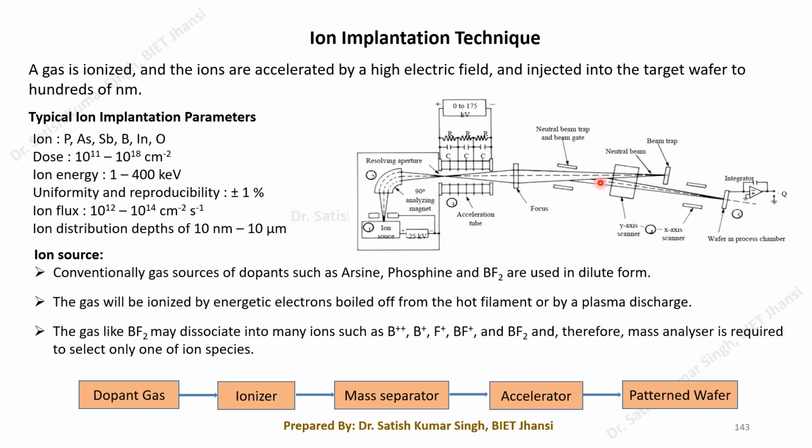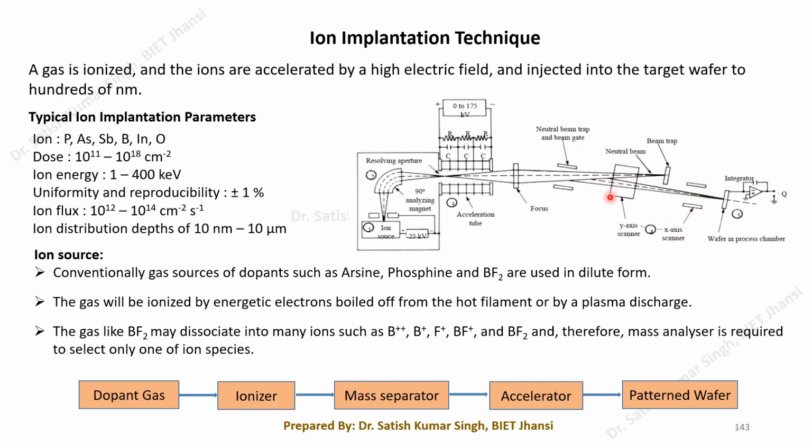And therefore, whatever neutral beams are available, or whatever becomes neutral during the travel towards the wafer, will continue in a linear path, because it cannot be deflected due to the electrostatic potentials. So here we have another deflecting plate, the y-axis scanner, and here we have the x-axis scanner.